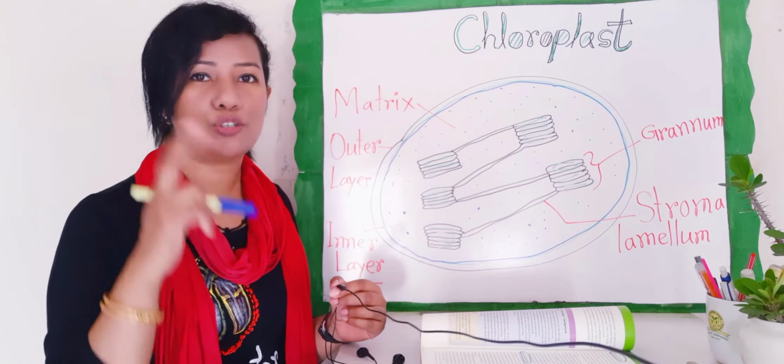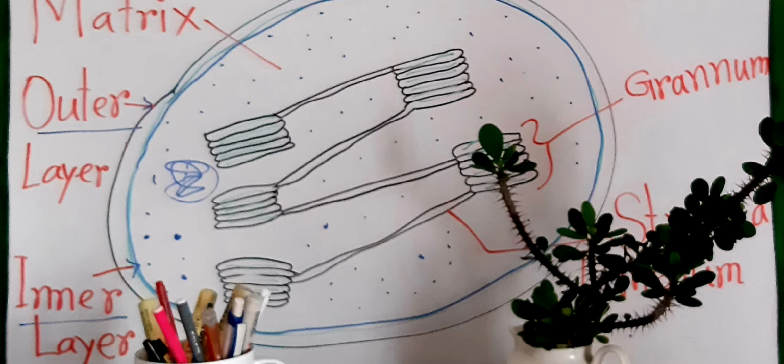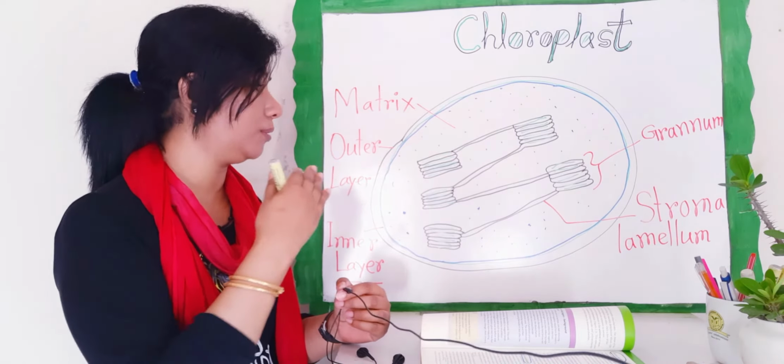How many membranes here? Two membranes, and it consists of fluid like sacs called thylakoids, which are flat and disc like structures that stack up like piles of coins. If you keep some coins piled up, it looks like this.